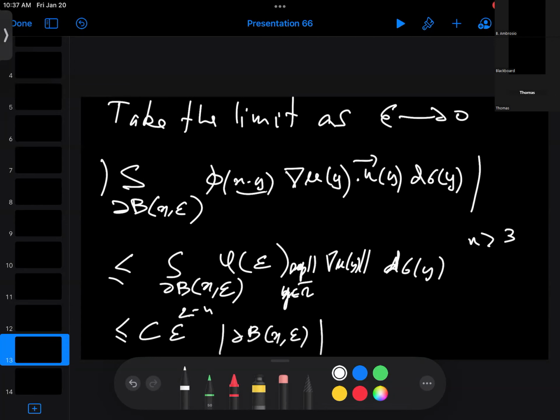But this term is less than a constant times epsilon to the 2 minus n. And here it's epsilon to the n minus 1, because this is an object of dimension n minus 1. This is the border of the ball. So at the end of the day, I obtain C epsilon. So this goes to 0 when epsilon goes to 0.